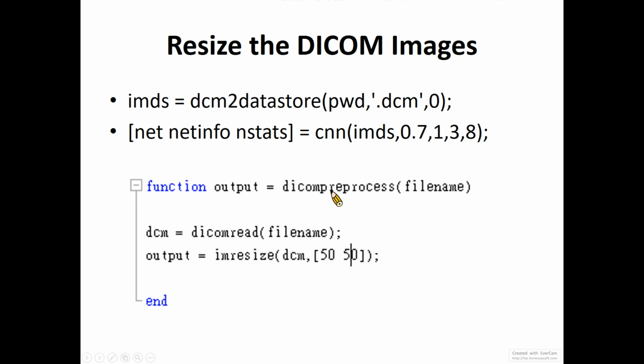Okay, so I think the key point for running the CNN model on this pneumonia data is that you need to pre-process the DICOM files and reduce the dimensionality of the image size to 50 by 50, or even smaller. But you can try yourself to see if you can improve the accuracy based on the simple CNN model.